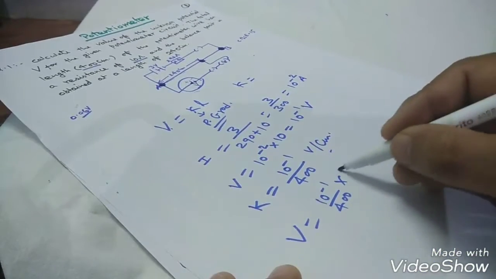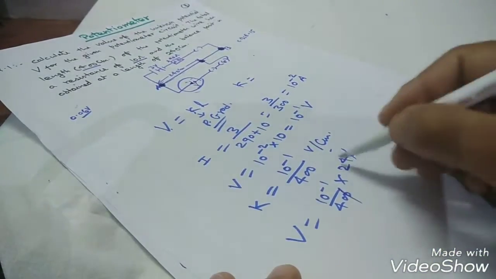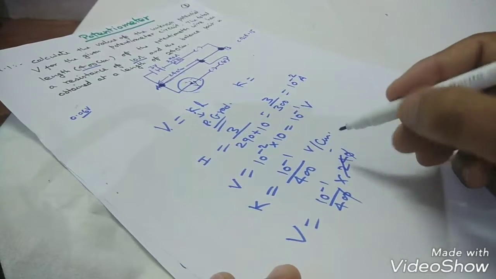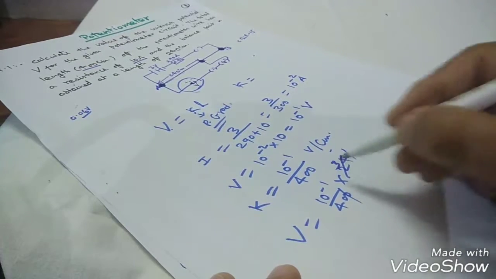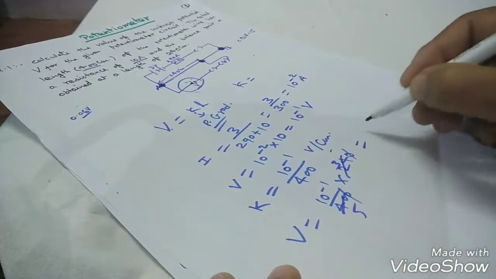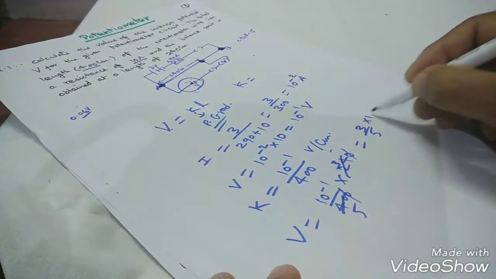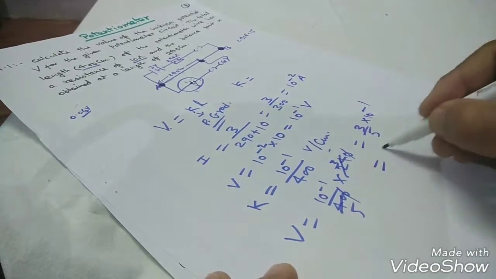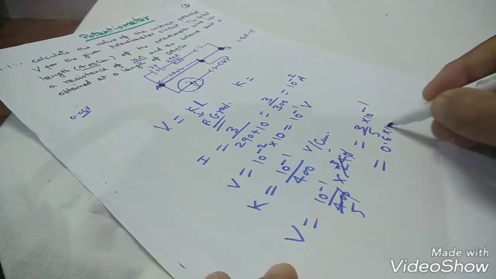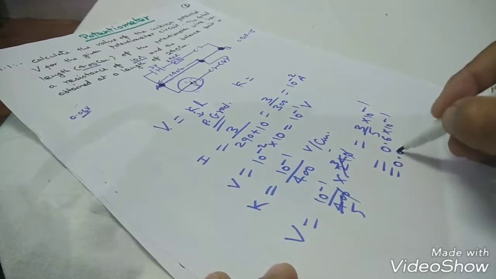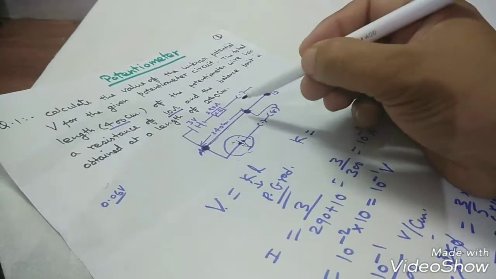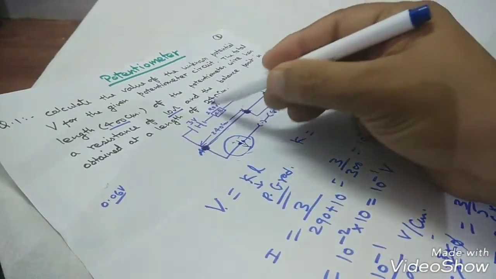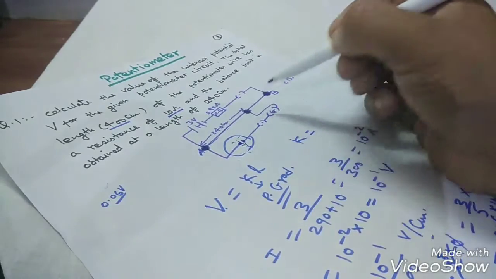So this is into 240. If we solve it, this will be 3 by 5 into 10 to the power minus 1. This gives you 0.6 into 10 to the power minus 1, 0.06 volt.